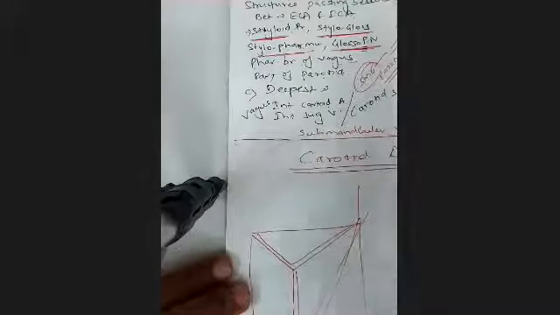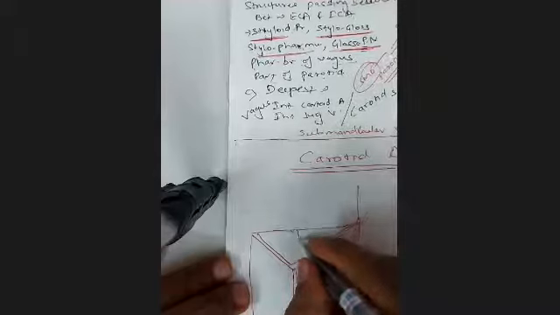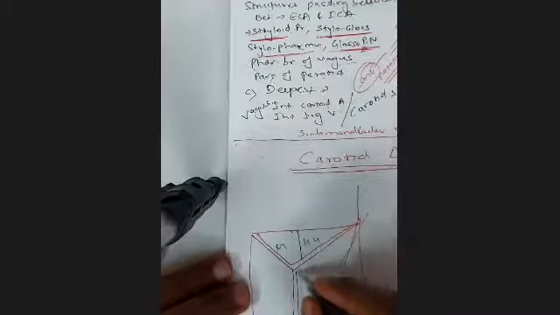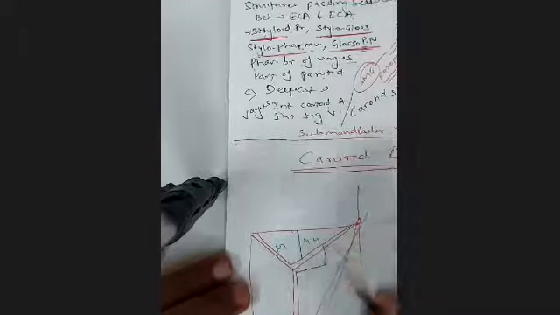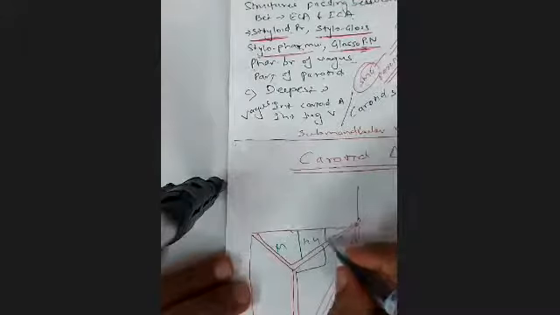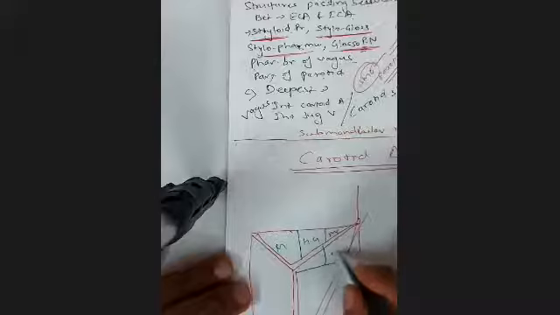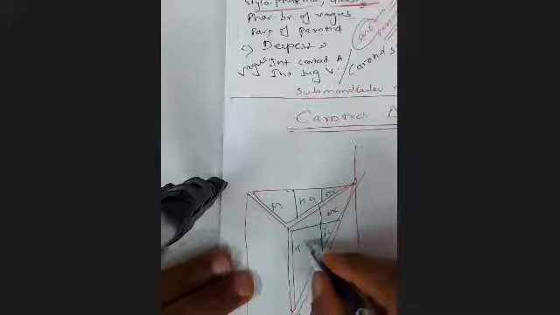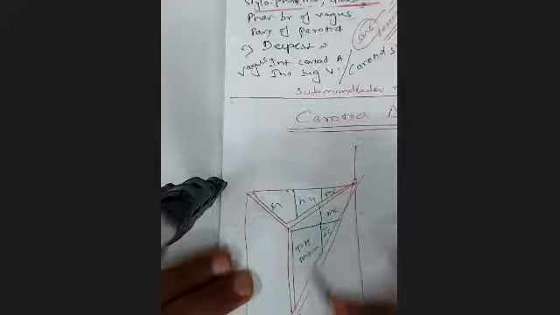And the floor, we said, this is mylohyoid and here is hyoglossus. So this hyoglossus is also forming the floor. Then here is the middle constrictor, which is also forming the floor of the carotid triangle. And here we said is the inferior constrictor, and here is the thyrohyoid membrane.